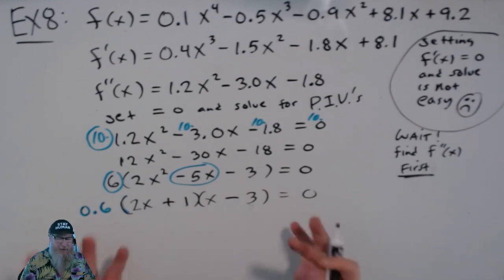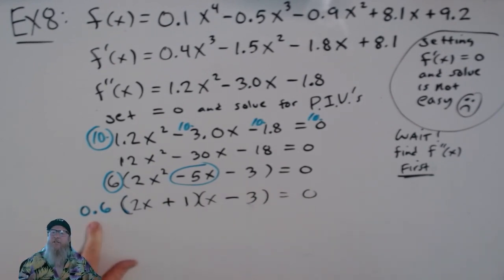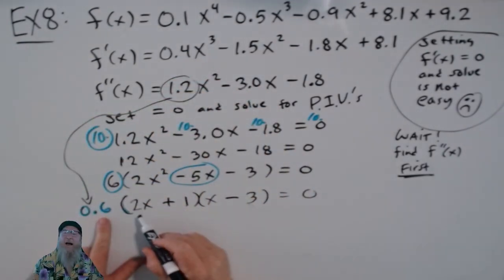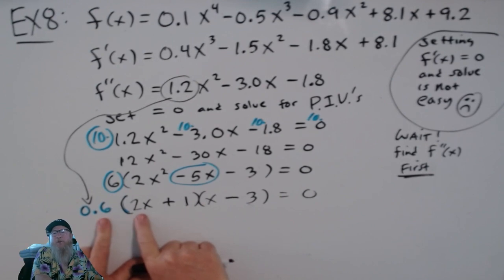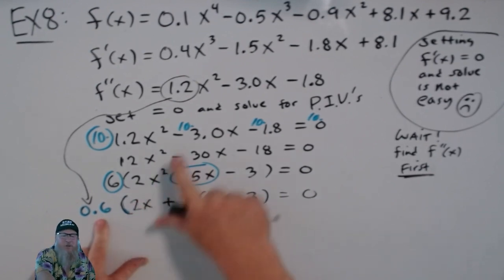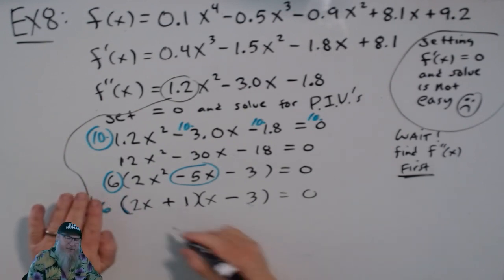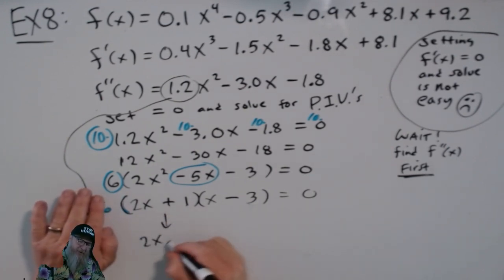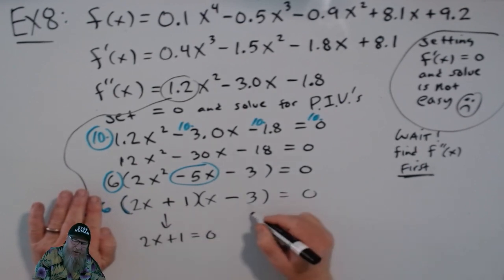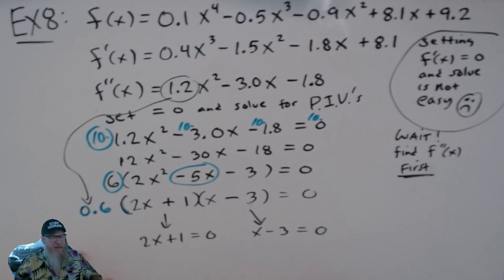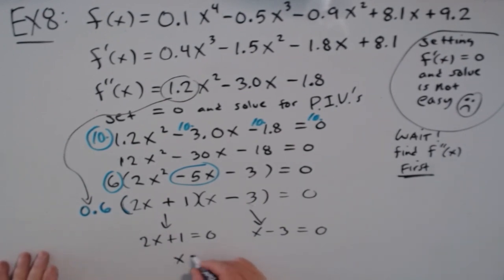All right. So now we're going to solve this. Now the leading coefficient is technically 0.6. It used to be 1.2. You could verify that 0.6 times 2 is still 1.2. It's not going to affect our answers. Our possible inflection values are only found by solving the two factors, setting them equal to 0. This doesn't have a variable, so it's not going to affect the answers.